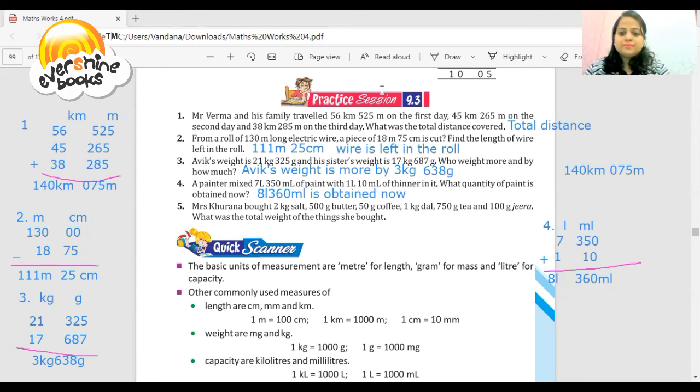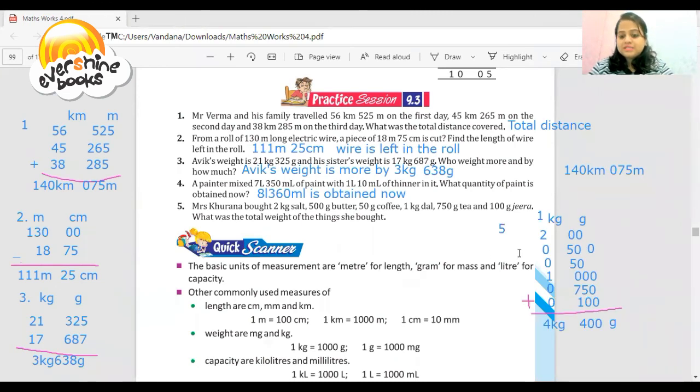Okay. Now students, it's your fifth answer. I have written this kilogram in gram form, 2 kilogram salt. So you have to write 000 in gram, and then 500 gram butter in the gram column. Remember this point, it's very important. Then 50 gram coffee in the gram section, 1 kilogram dal, 750 gram tea, and 100 gram jeera.